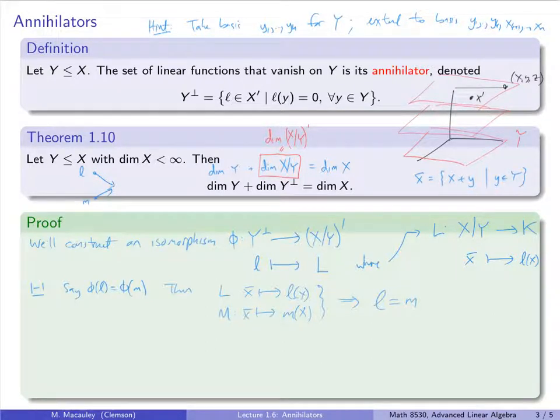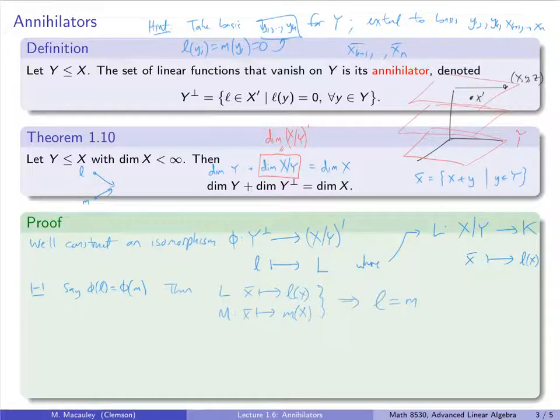L and M say that little l of yi equals little m of yi equals 0 on this basis. And then a basis for the quotient space, remember, from an earlier lecture, was x_{k+1} up to xn, and big L and big M have to agree on these because they're the same. And therefore little l and little m have to agree on these vectors.